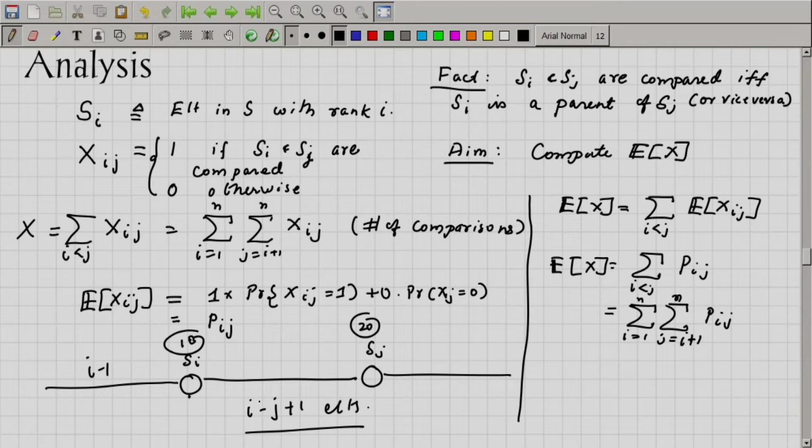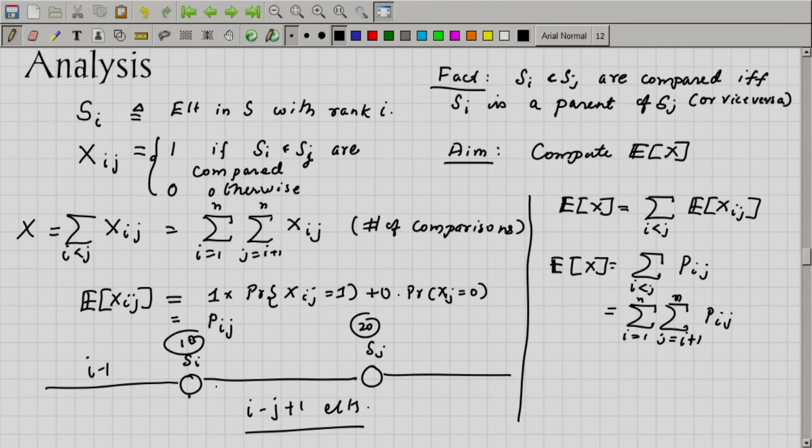In our algorithm, at each stage we are randomly choosing an element y, which we may call a pivot element. So, if an element in between Si and Sj is chosen as the pivot element before Si, then Si and Sj will not be compared.